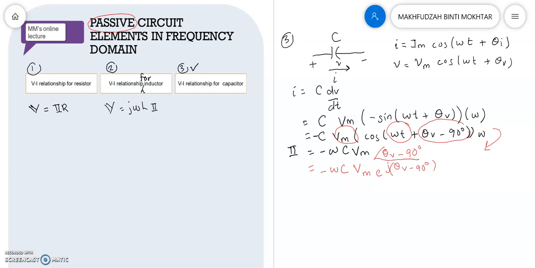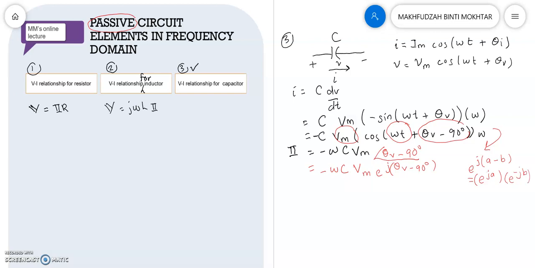As I mentioned before, exponent j(a minus b) equals exponent j a multiplied with exponent negative j b.